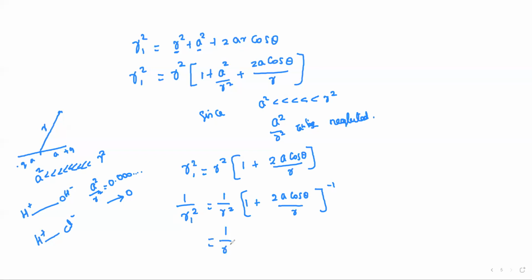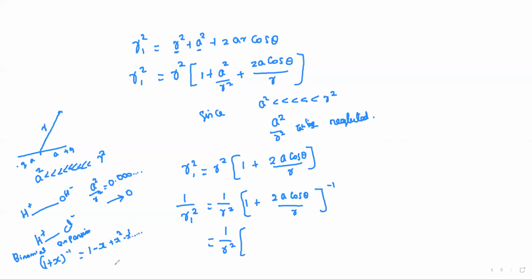So it is 1 by r square. When you have a formula like this, 1 plus x whole to the power of -1, you can use the binomial expansion. That is 1 minus x plus x square minus x cube, and so on.